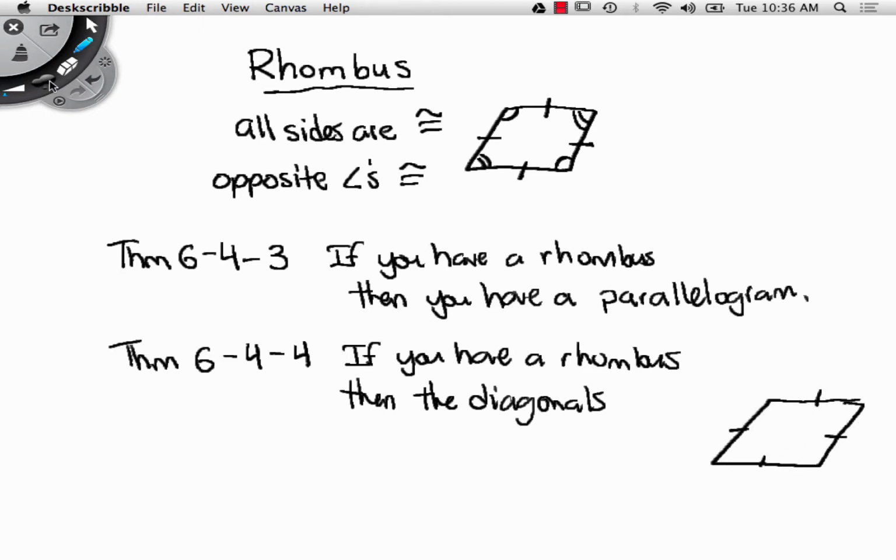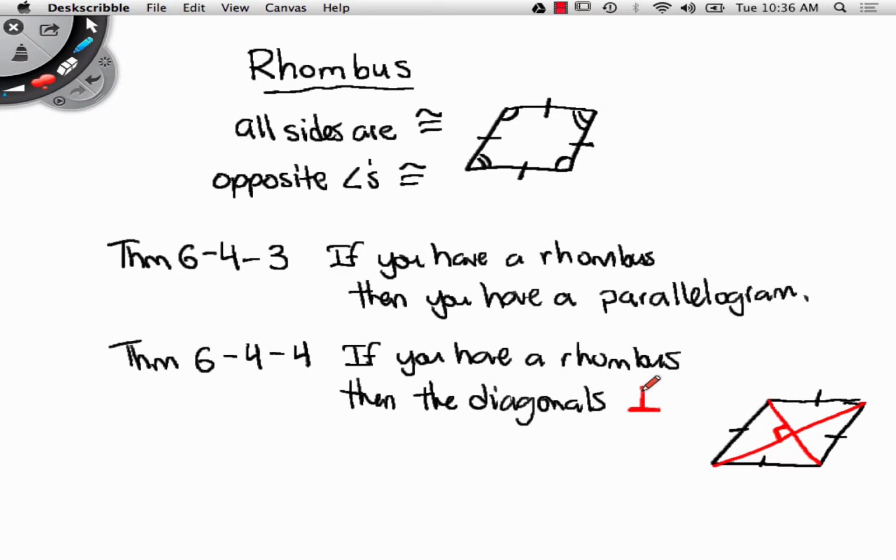Look at the picture carefully, what would you suspect about the diagonals? They're perpendicular. Are they going to be congruent? No, because this thing's leaning over to the side, so one of the diagonals has to be bigger. But it turns out that in the case of the rhombus, you are guaranteed a 90-degree angle there with the diagonals. That is a guarantee. So then the diagonals themselves are perpendicular.